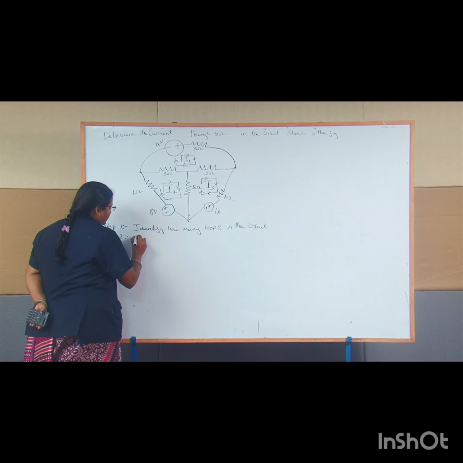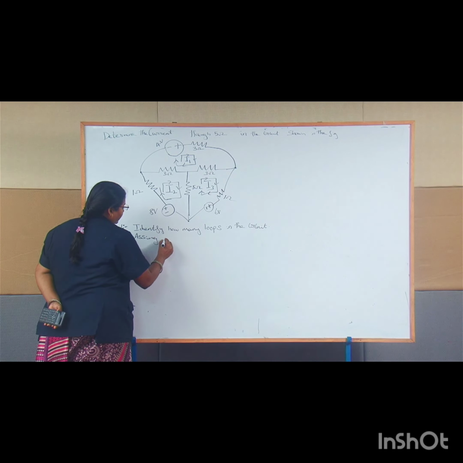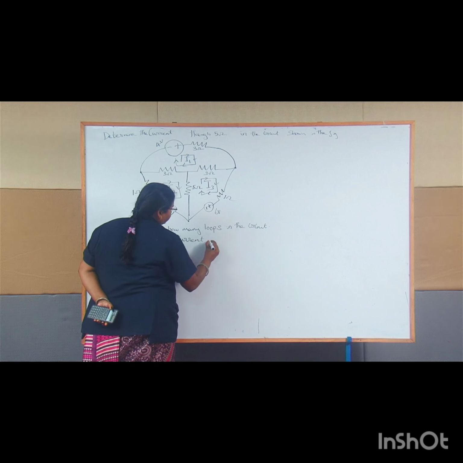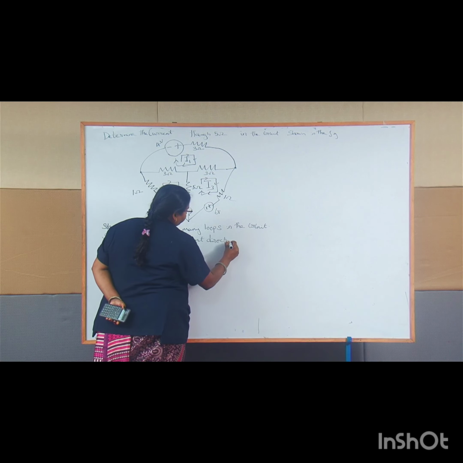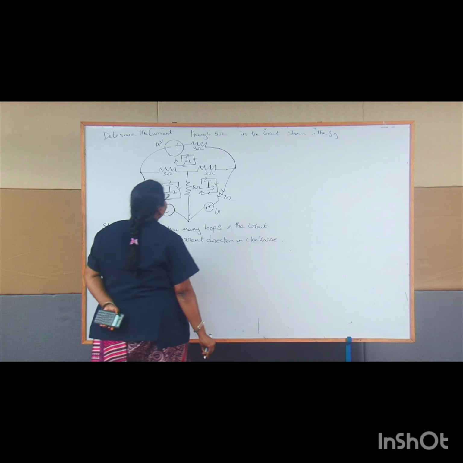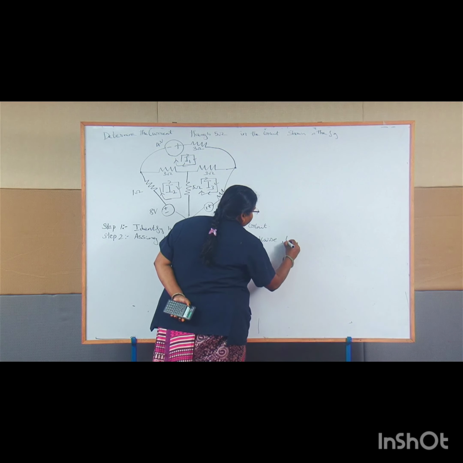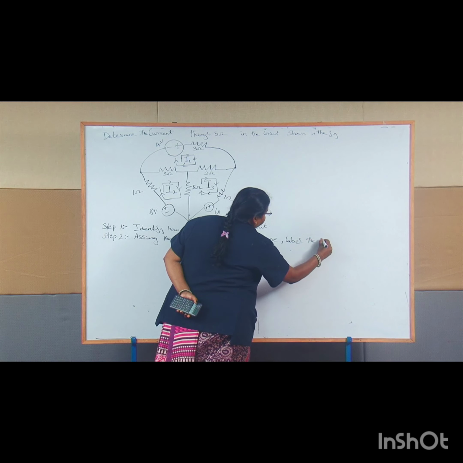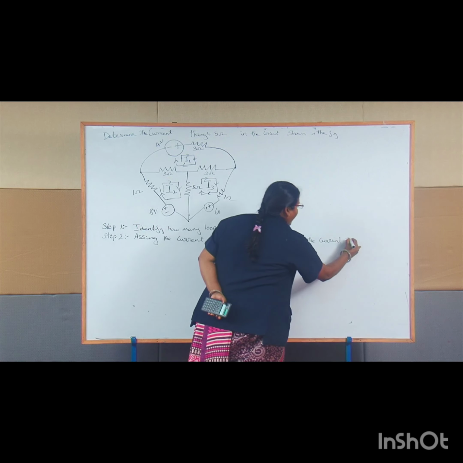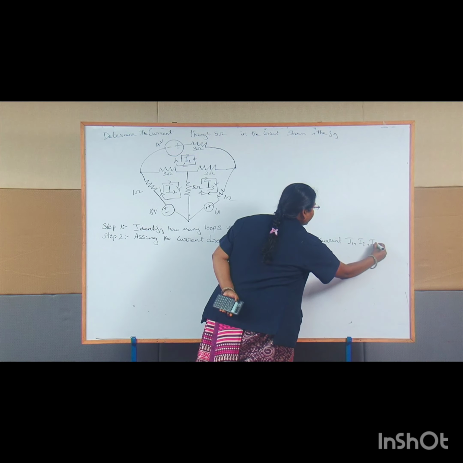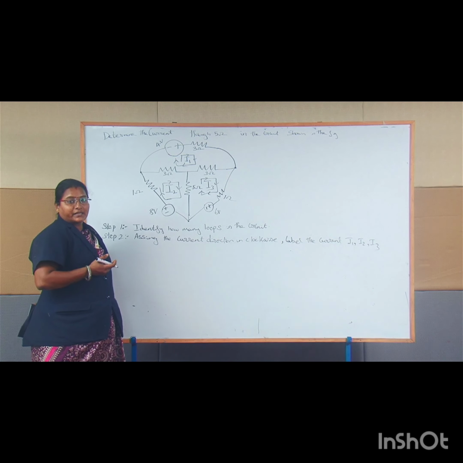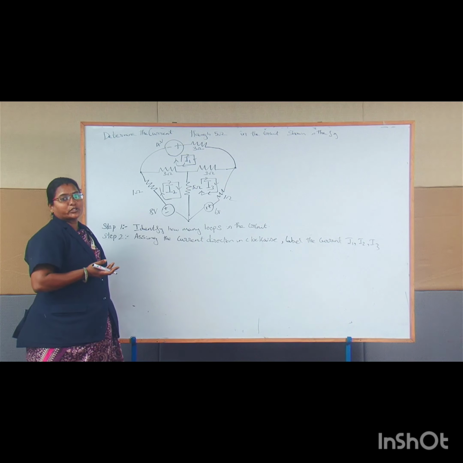So assign the current direction in clockwise and label the current at each loop I1, I2, I3. Okay. Next, you can go with KVL or you can use the inspection method also.